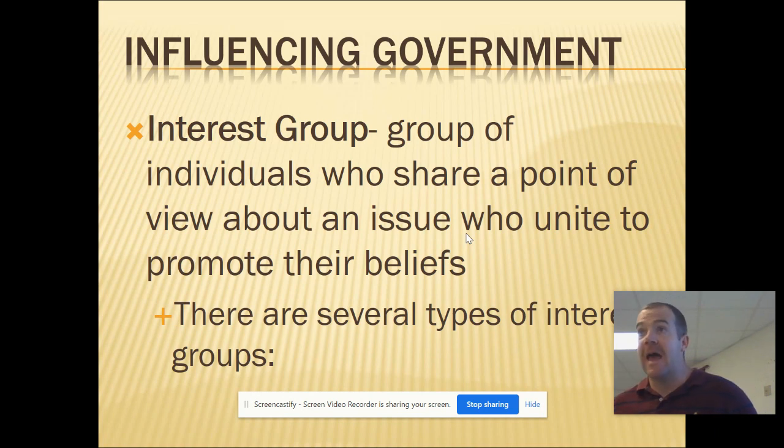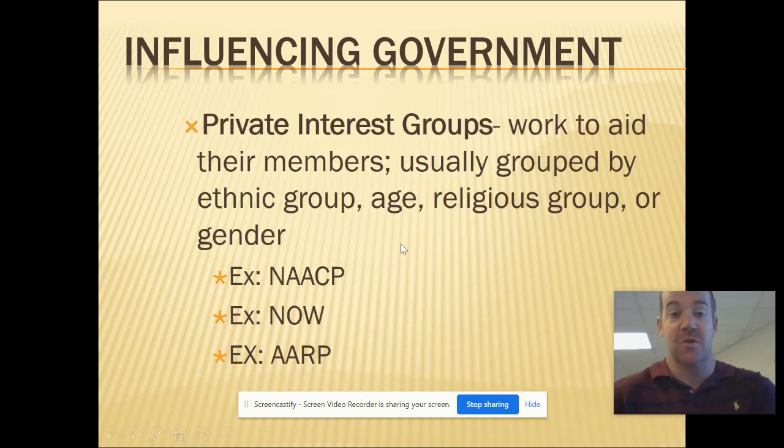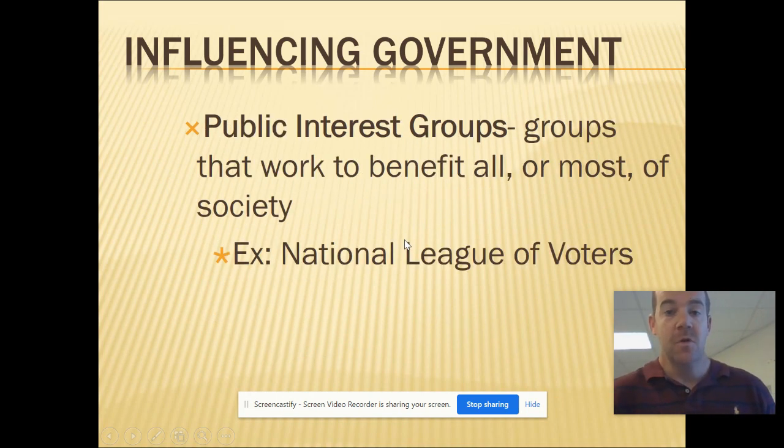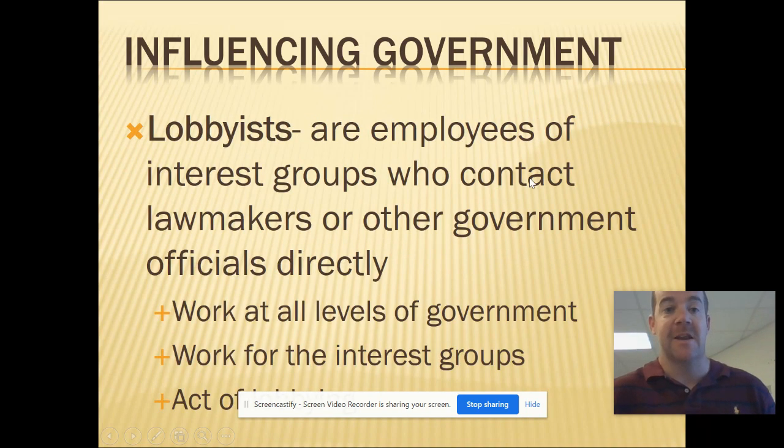Or you could have the NAACP, which stands for the National Association for the Advancement of Colored People, which means they're promoting civil rights. These are interest groups. So there's a private interest group, NAACP. A public interest group benefits all or most of society.